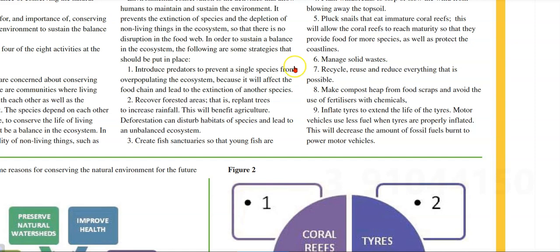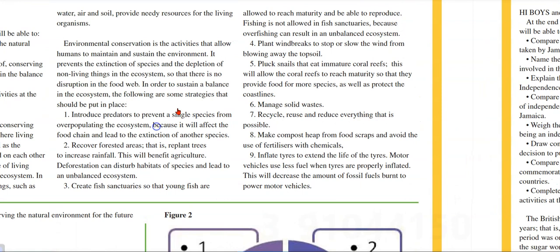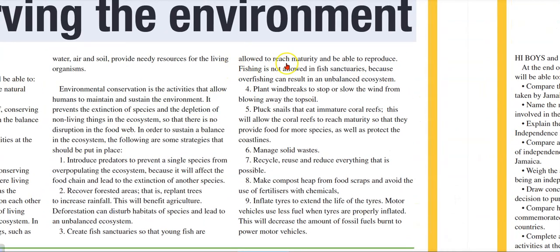We can next, 3, create fish sanctuaries so that young fish are allowed to reach maturity and be able to reproduce. Fishing is not allowed in fish sanctuaries because overfishing can result in an unbalanced ecosystem.